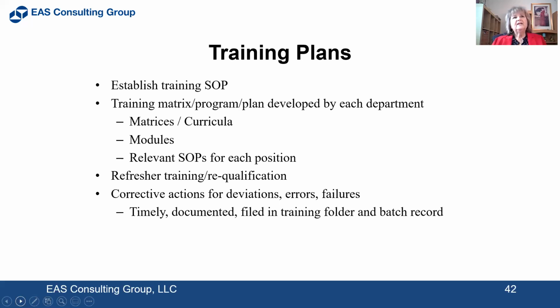You need to establish for each job title and description which SOPs pertain to that position. Refresher training and then requalification is important. Corrective actions for any deviations, errors, or failures in your training records need to be timely, documented, and then filed in the training folder.